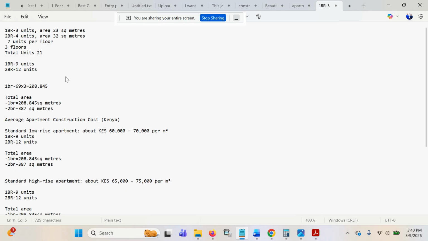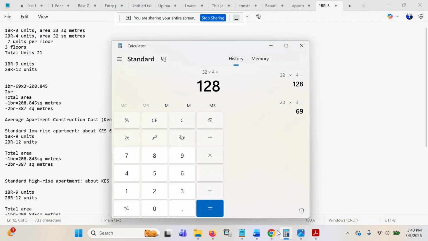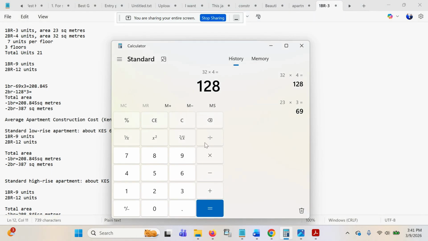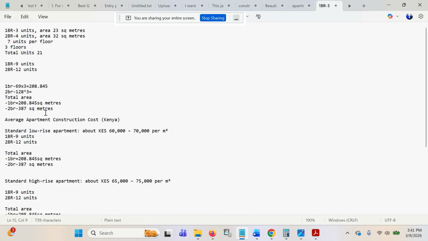So this is the one bedroom area, and then for two bedroom, 128 times 3 would give you 384.